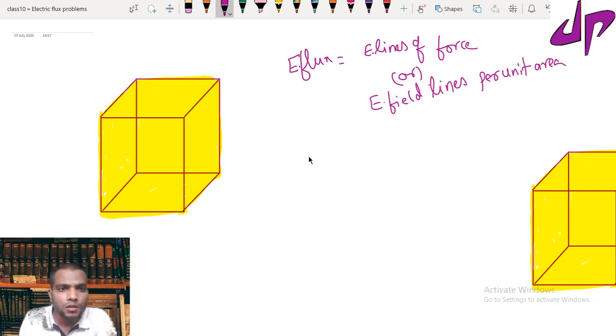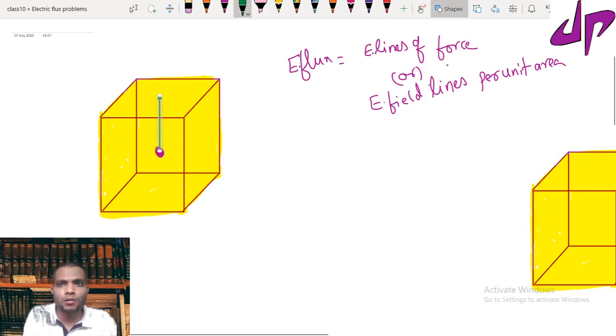What does it mean? Suppose I take a positive charge here. We know that from a positive charge, electric field lines go out in three dimensions, in all directions. Suppose you take one particular area, I can take only this direction. On this face, how many electric lines of force are passing?